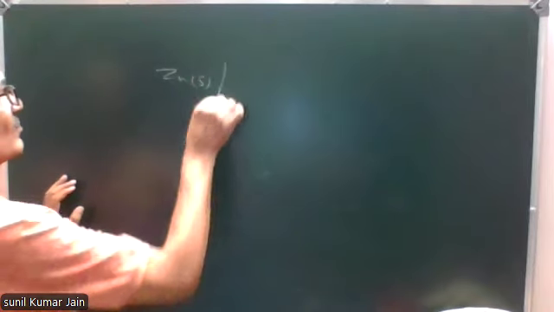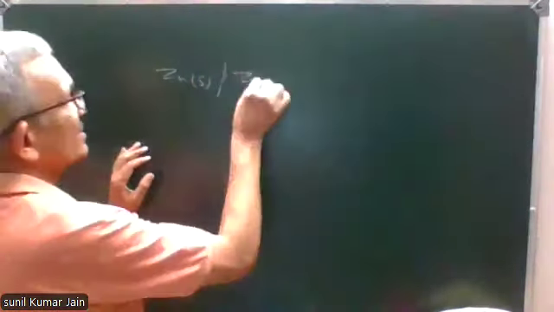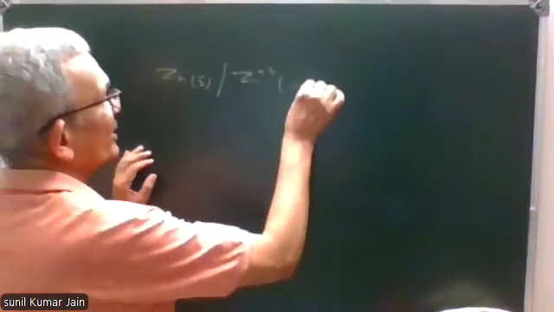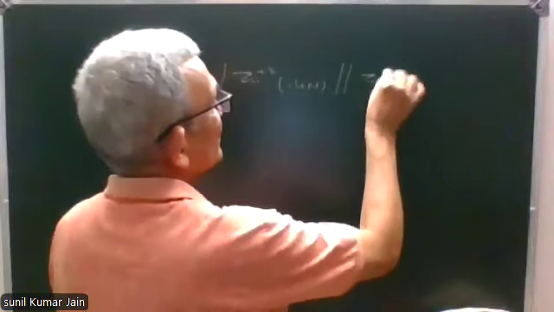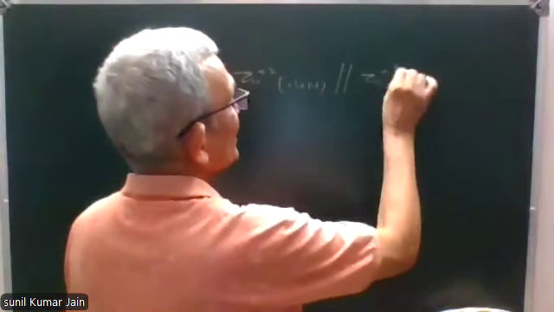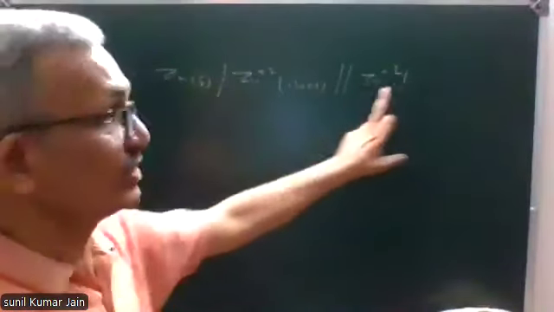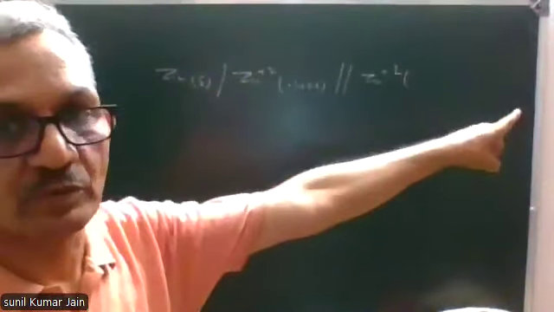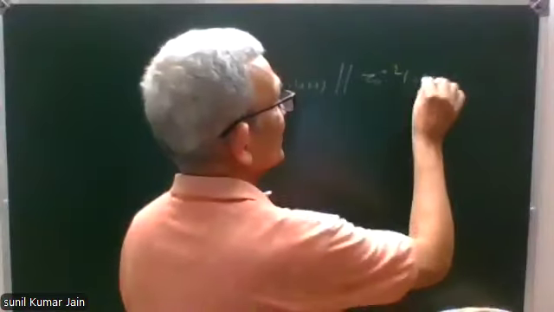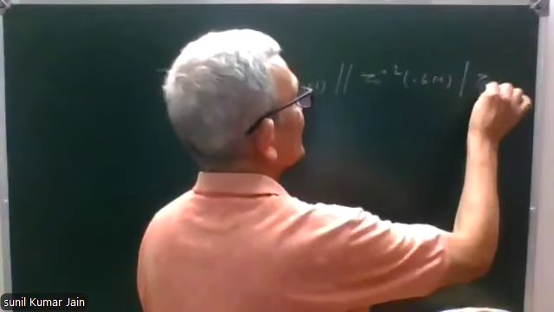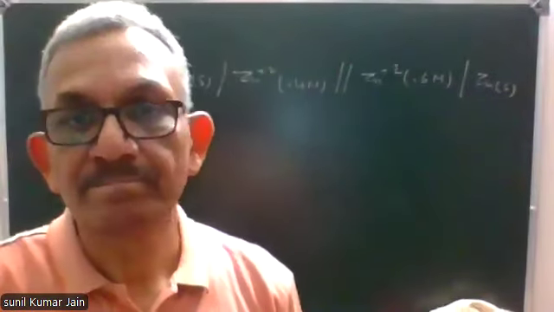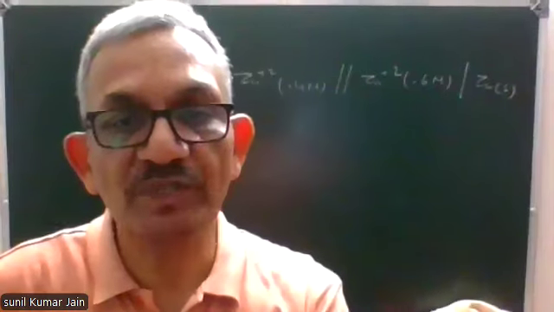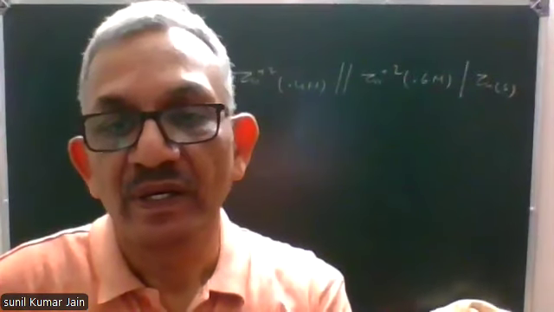For example, zinc solid slash zinc ions 0.4 molar, salt bridge. Zinc ions on the right hand side, concentration should be more than 0.4 molar, 0.6 molar slash zinc solid. That's all about this topic.